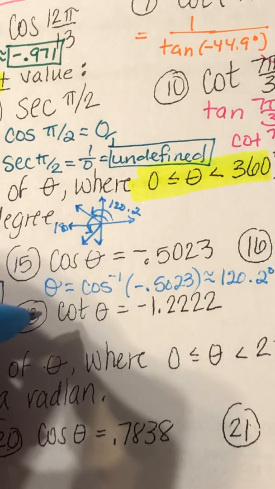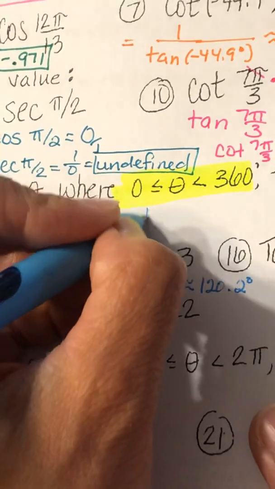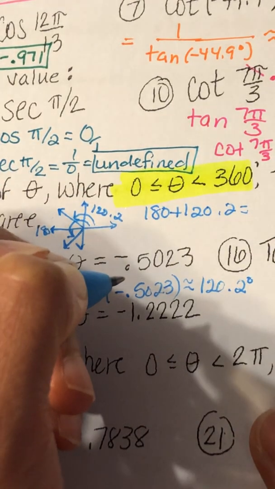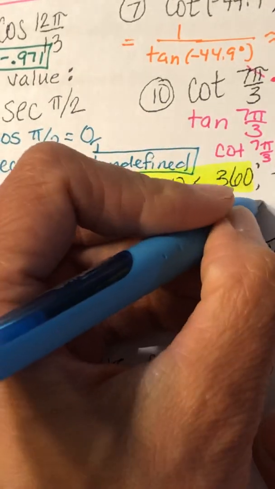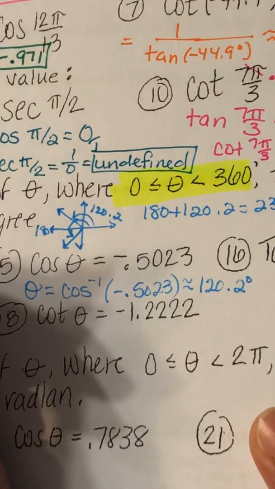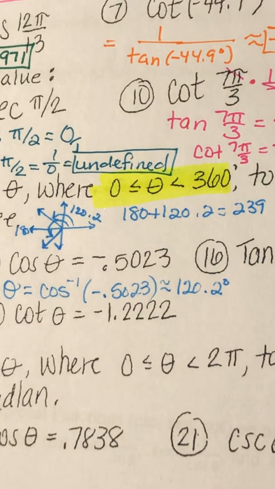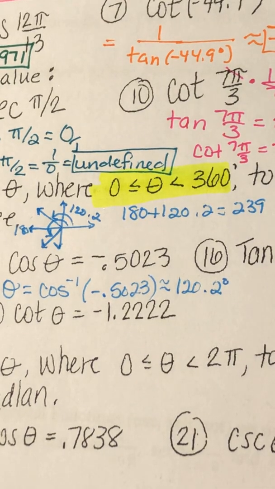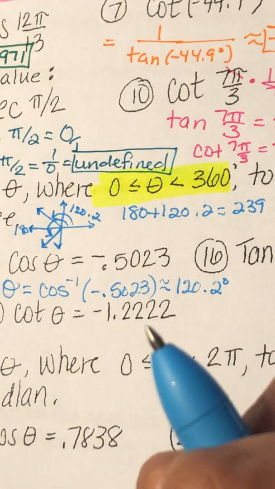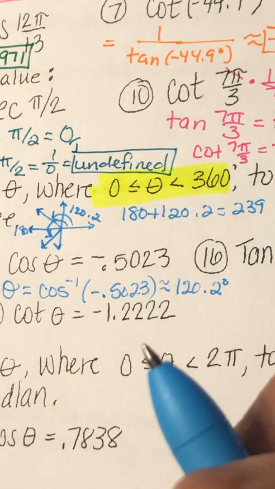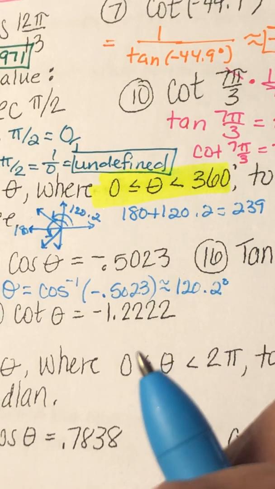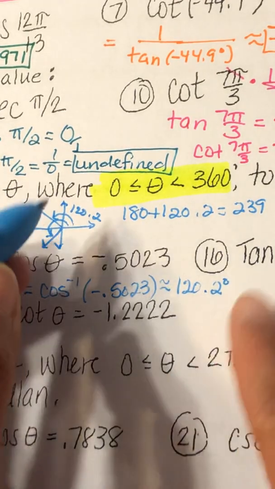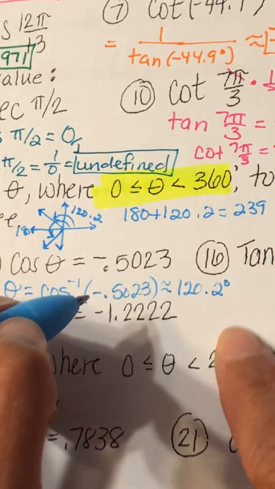So this time I have to add 120 to 180, and I'm going to get 239, hold on, 180 plus 120.2 is, hold on, I messed up. It is 120.2, that's one of them.